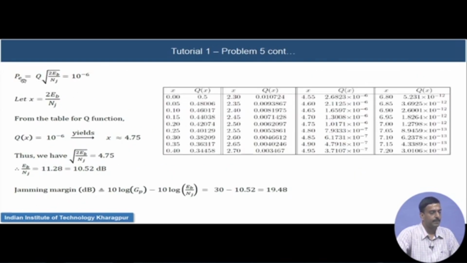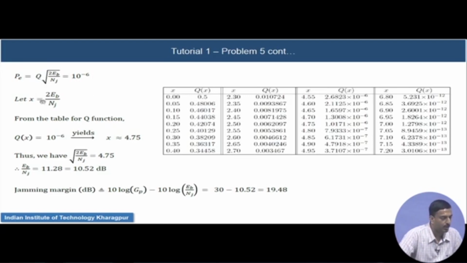So the probability of error, which is equal to 2Q(√(2E_b/N_J)), is already specified in the problem. We merely look up the table in order to find the value of this factor corresponding to 10^-6. There is a close match at 4.75, which is equal to this factor.